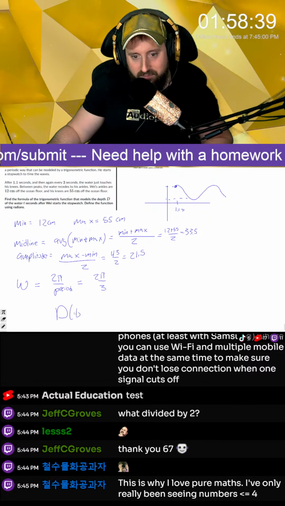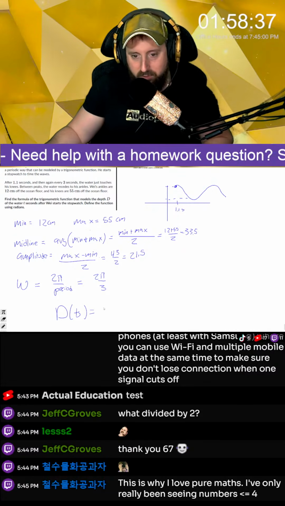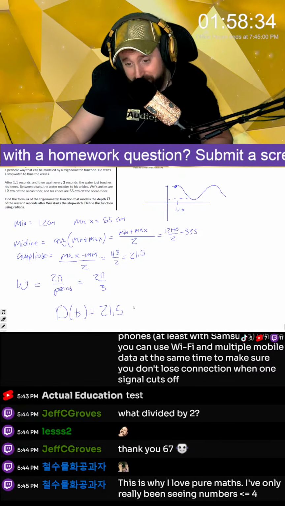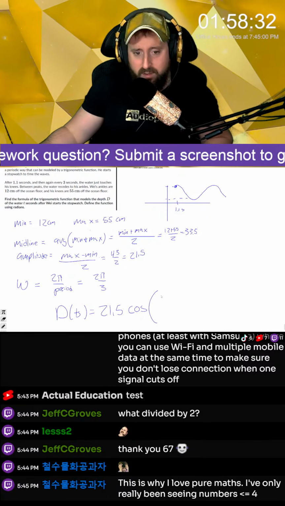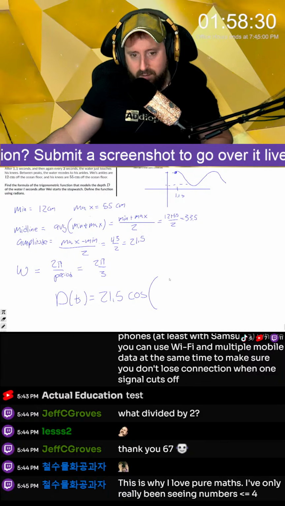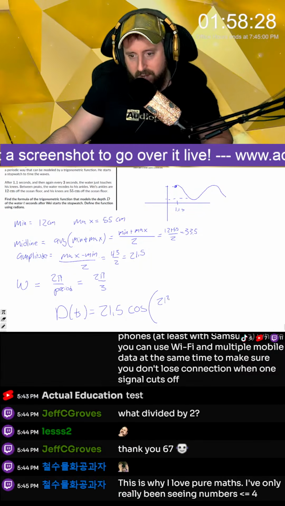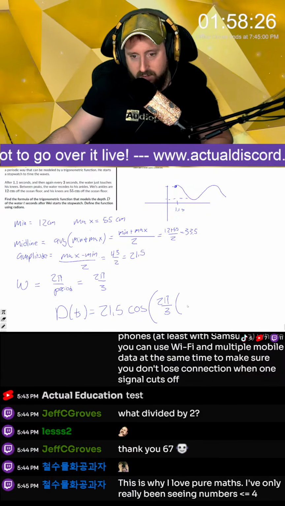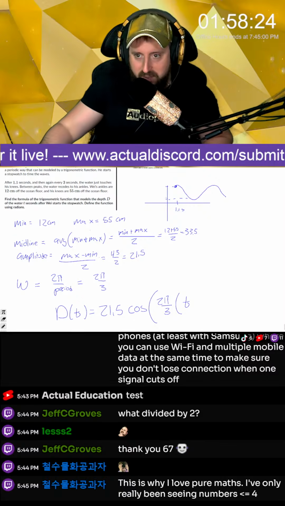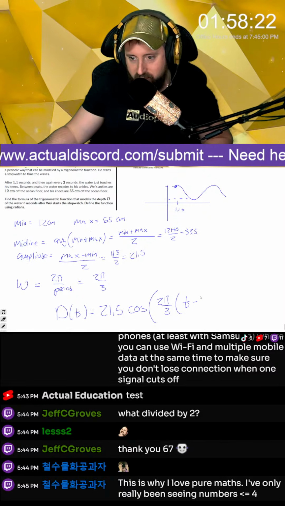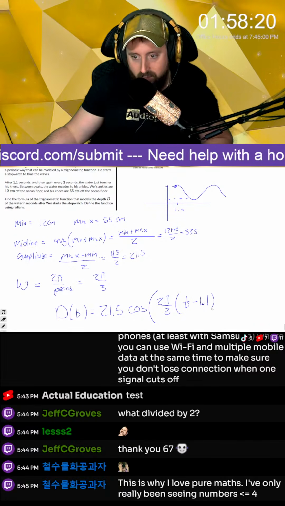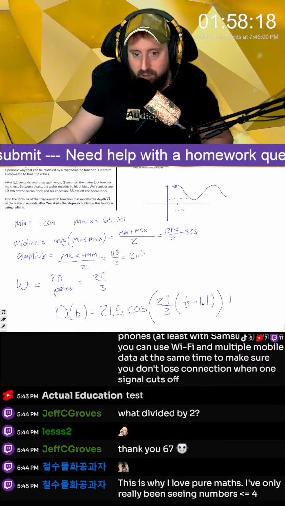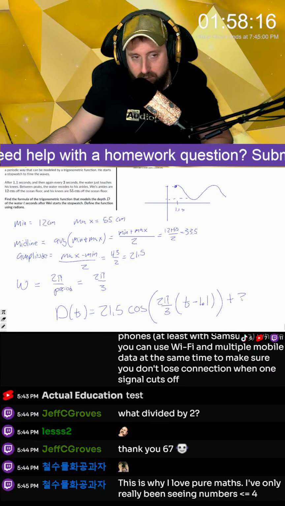So d of t is equal to the amplitude, that's 21.5, times cosine of omega, that's 2 pi over 3 times t. But then it's being shifted to the right 1.1, so t minus 1.1. And then this is plus the midline, which is 33.5.